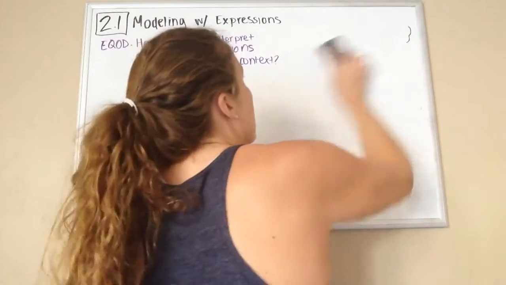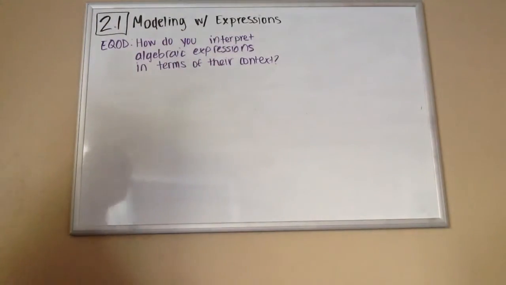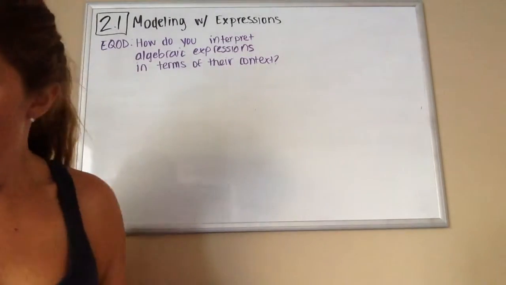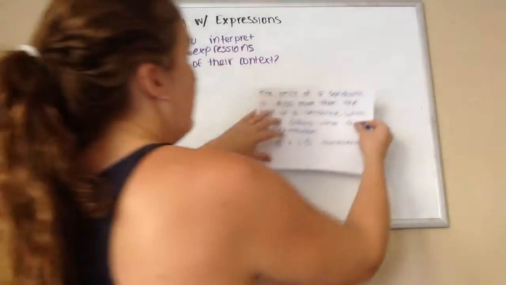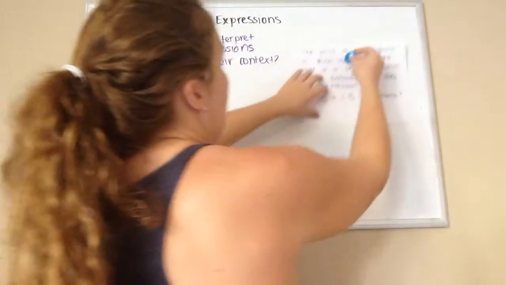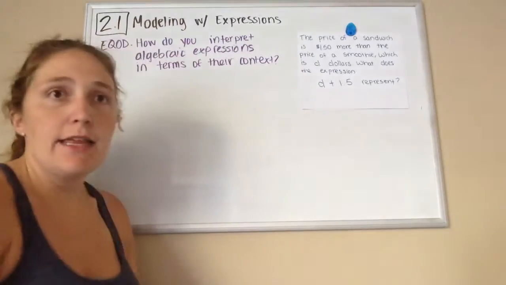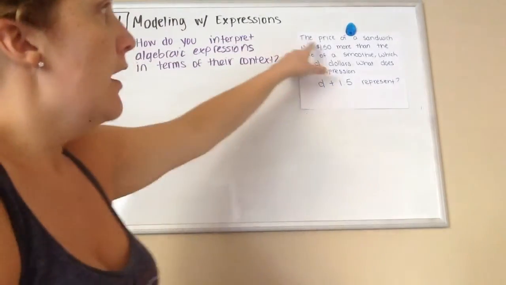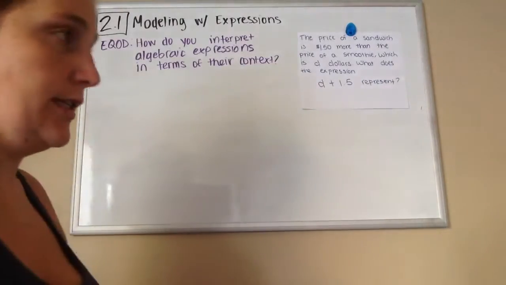Okay, so the next thing we're getting into is starting to look at our word problems. Starting to look at what is happening in word problems and how do we make expressions out of these word problems. So right here I have our first example problem we're going to work with. It says the price of a sandwich, so think about going to a deli, you're going to purchase some things.